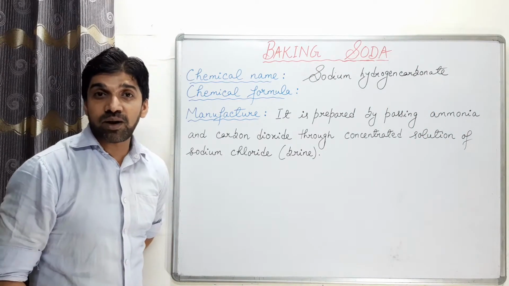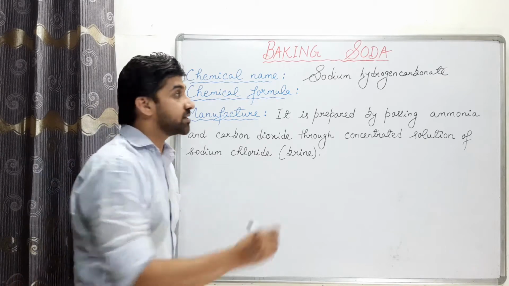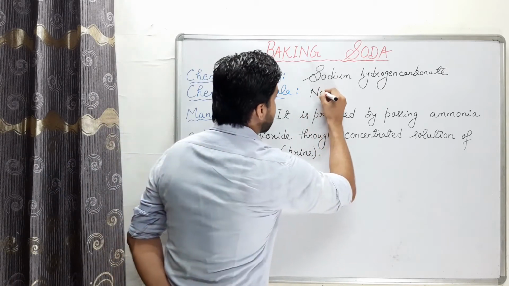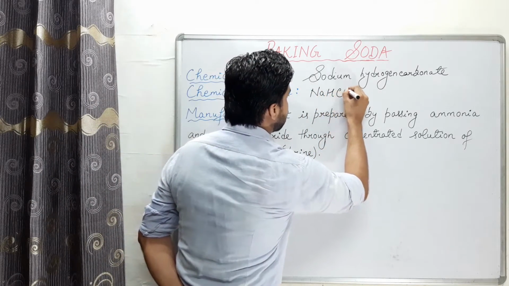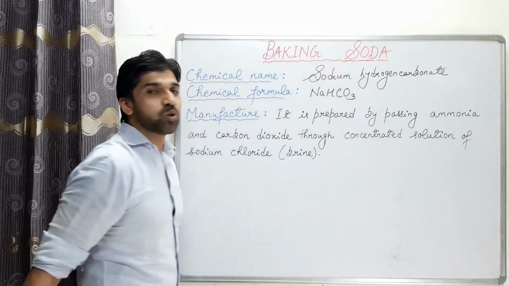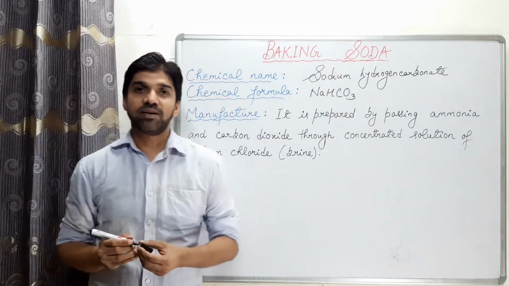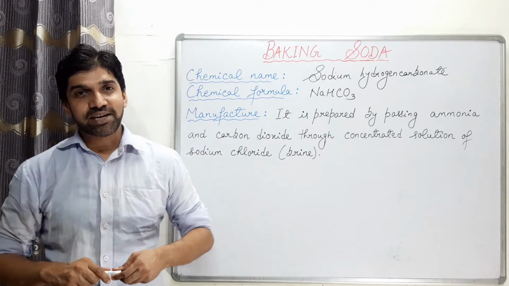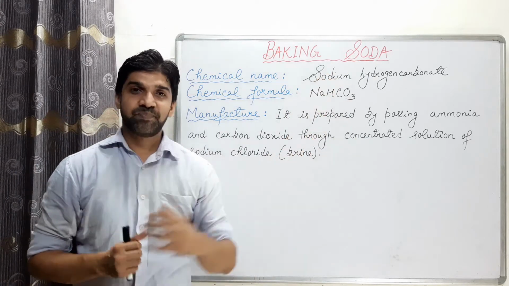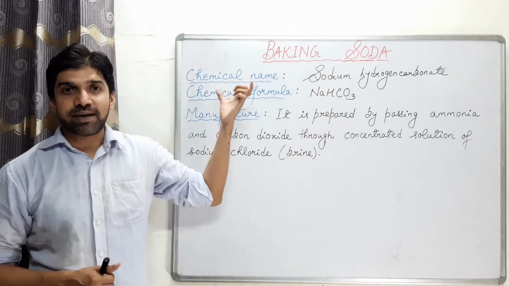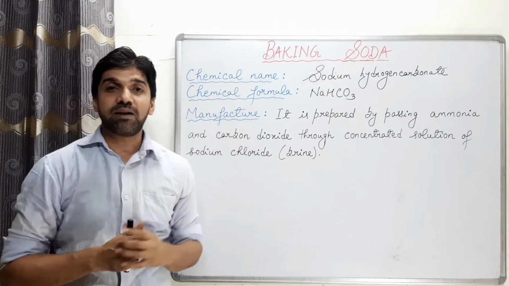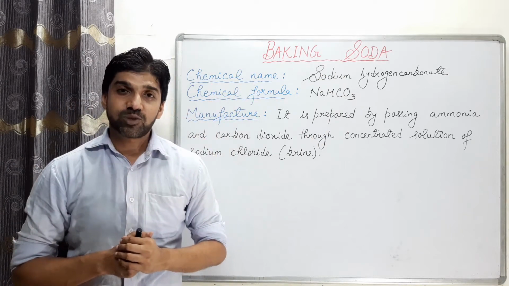And what is the formula of sodium hydrogen carbonate? It is NaHCO3, sodium bicarbonate, also known as sodium hydrogen carbonate. So that's the chemical name and chemical formula of baking soda.